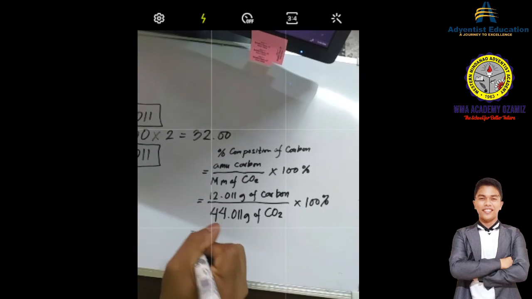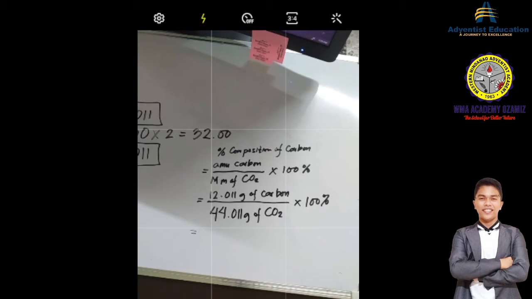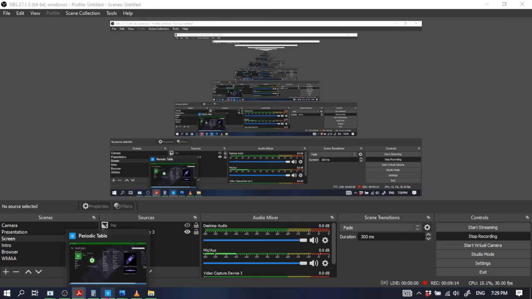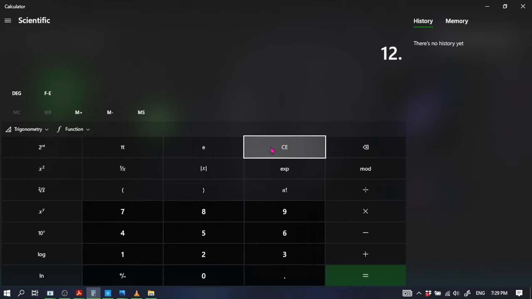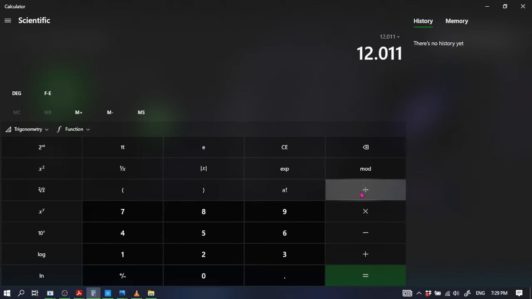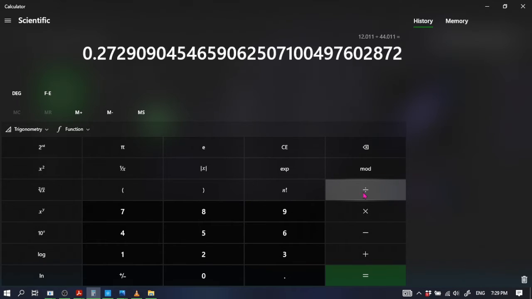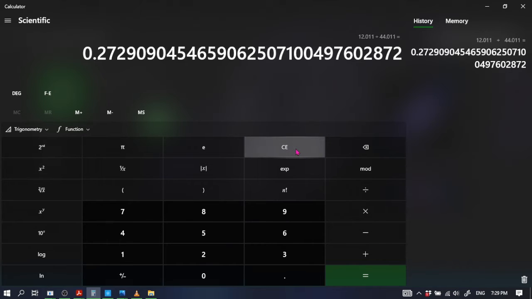Now, try to multiply this. 12.011 divided by 44.011 equals, so that will be your answer.